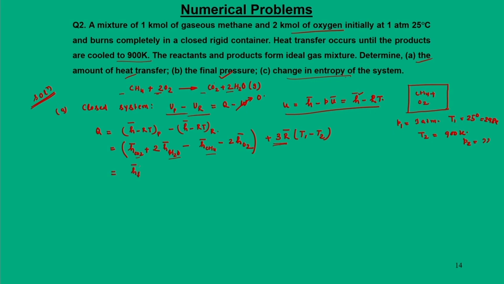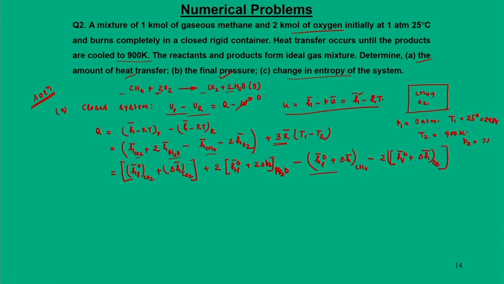HF bar for CO2 plus delta H CO2, plus twice times HF plus twice delta H O2 H2O, minus HF bar plus delta HF delta H CH4 minus twice times HF bar plus delta H bar O2.